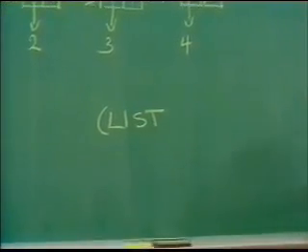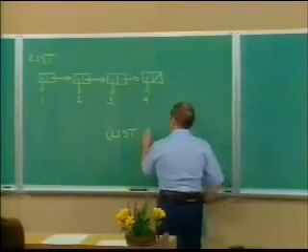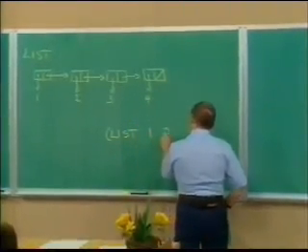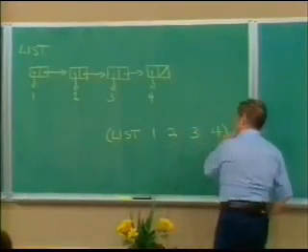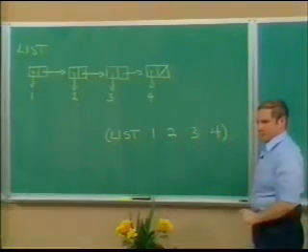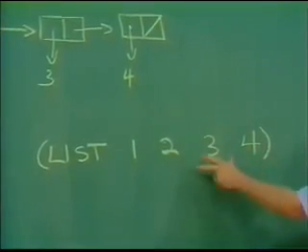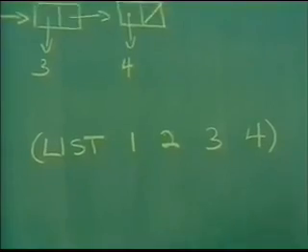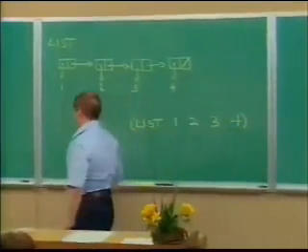And list is just an abbreviation for this nest of conses. So I could construct that by saying that is the list of 1, 2, 3, and 4. And this is another way, a piece of syntactic sugar, a more convenient way of writing that chain of conses: cons of cons of cons of cons onto nil.